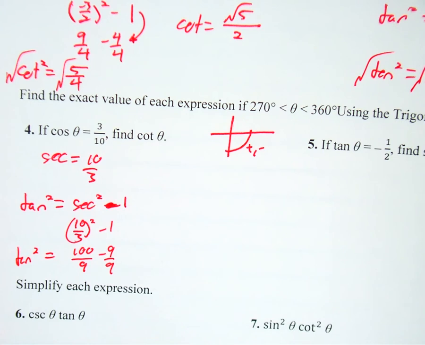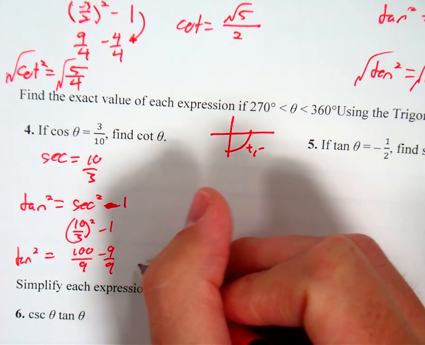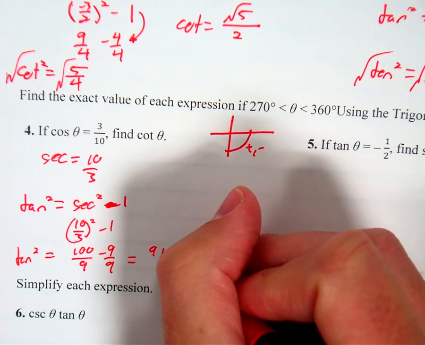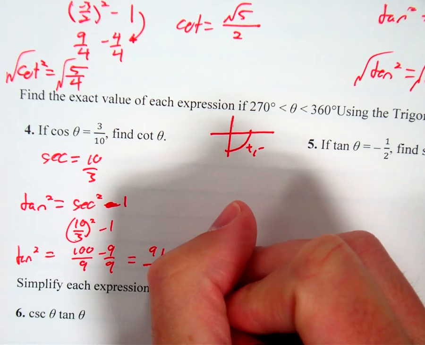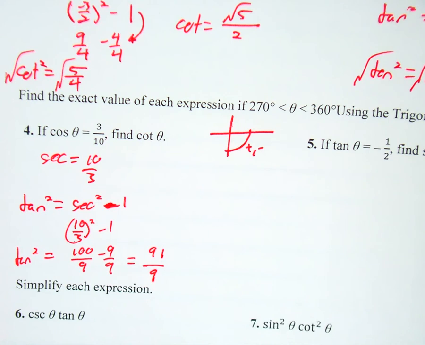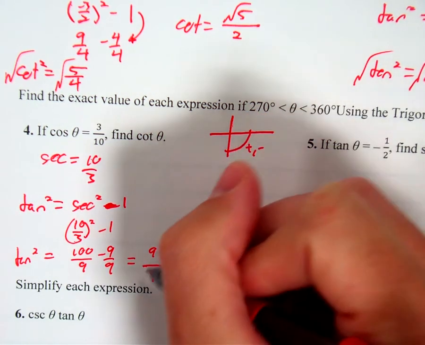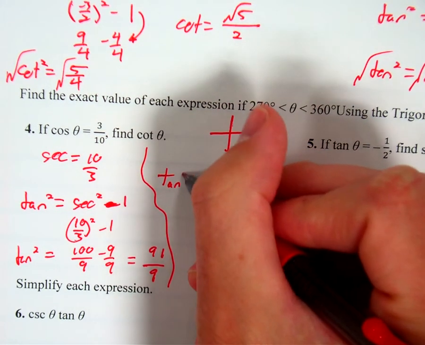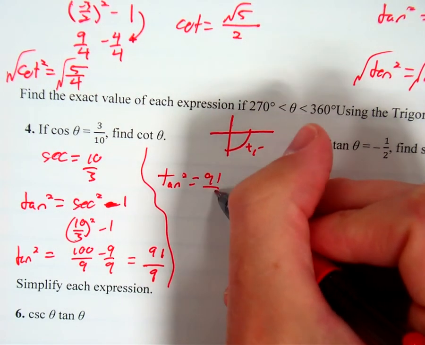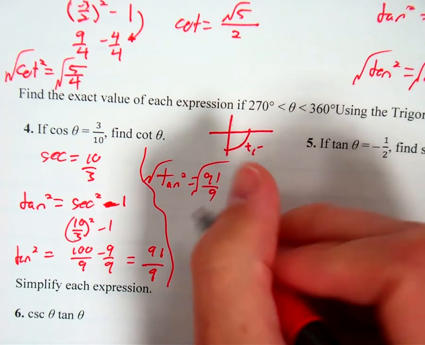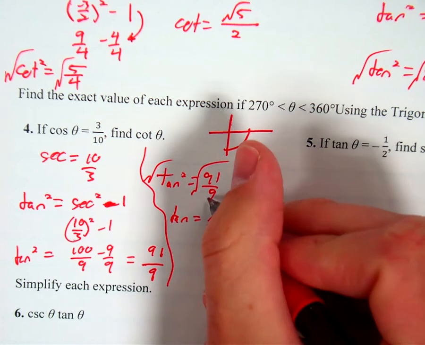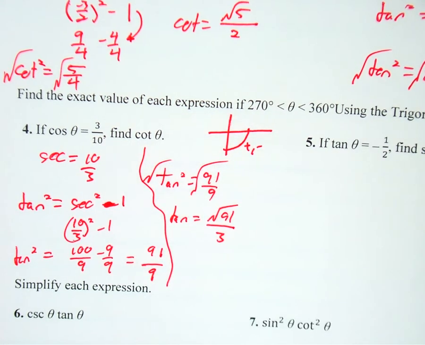Okay. So tangent squared equals 91/9. All right. Next, square root. Tan squared equals 91/9. We're going to square root. So tangent equals the square root of 91 over the square root of 9. Not much I can do with the square root of 91. The square root of 9 is 3.